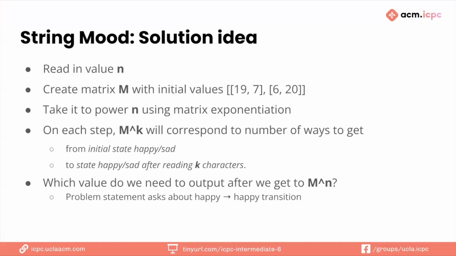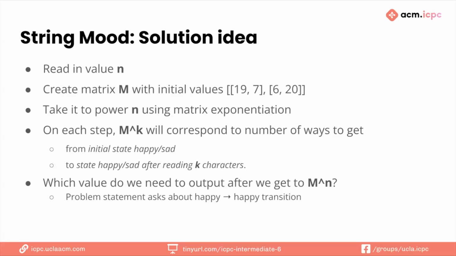And as we are taking it to power n using fast matrix exponentiation, at each step, entries in matrix M to the power of k will correspond to the number of ways to get from the initial state that Limak has, happy or sad, to the state that he has after reading the first k characters of the string.